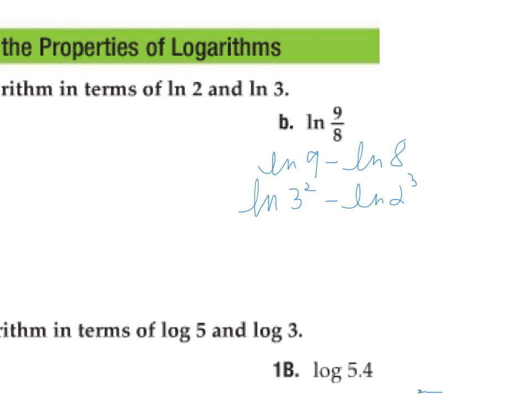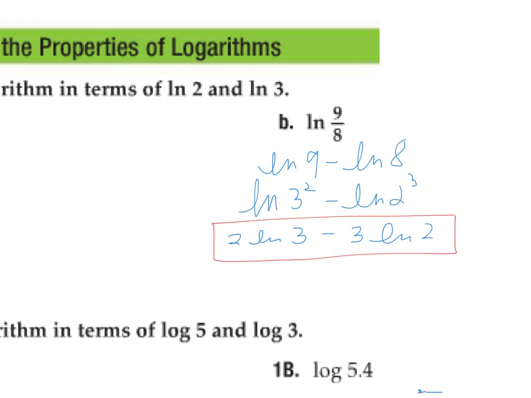So now I have natural log of 3 and natural log of 2. I just need to bring those exponents out in front and make those multipliers so that I can write it as 2 natural log of 3 minus 3 natural log of 2. And that's my answer right there. I'm done.